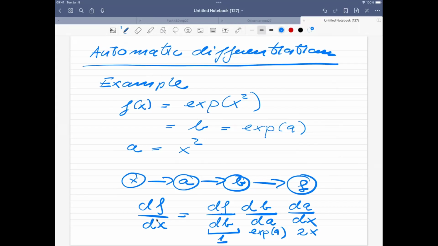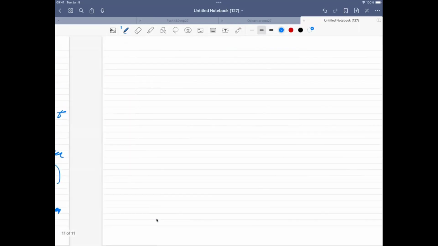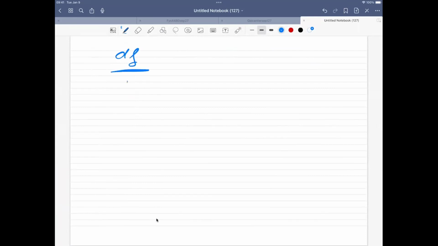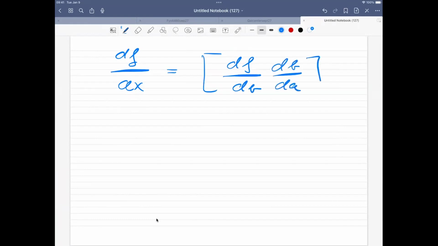Now, I'm going to just say one more thing. If we now look at these derivatives, and this is what we will start with next week, there are two ways of setting up these operations. So I can write it like df/db and db/da, multiplied with da/dx. This is called a reverse mode.